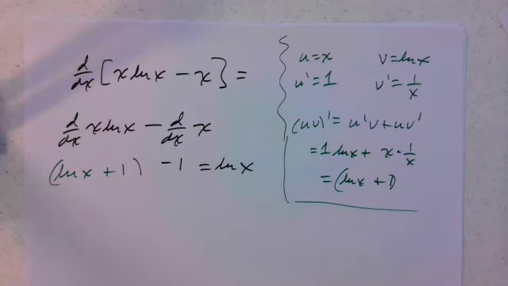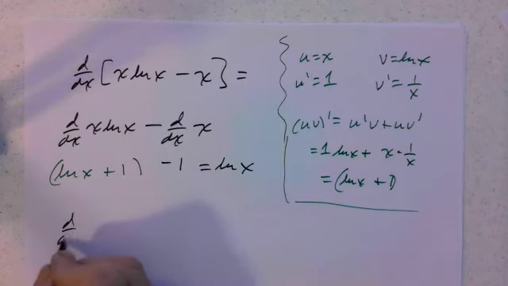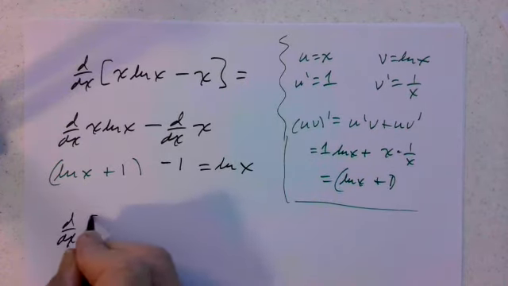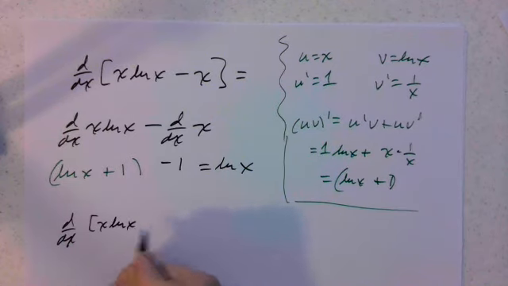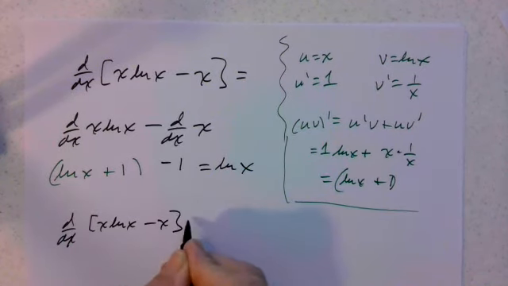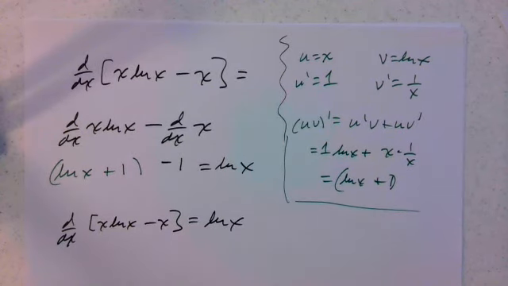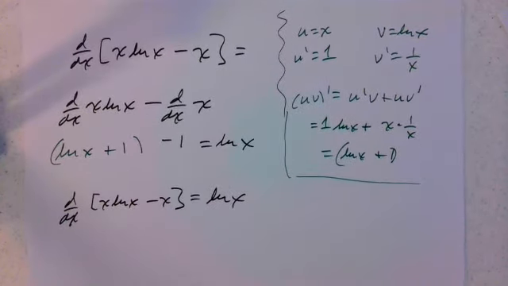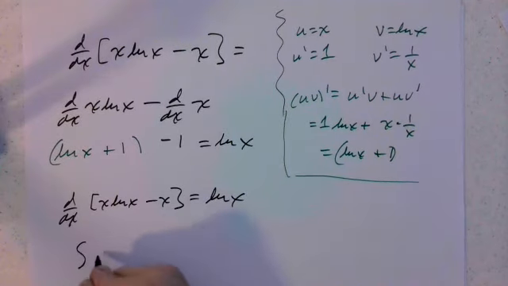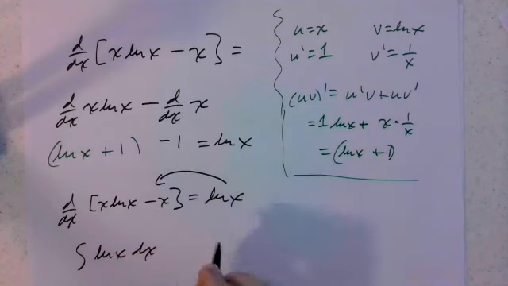So let's look at this, and what does this tell us? It tells us that the derivative with respect to x of x log x minus x equals natural log x, and this tells us a rule then. We can go backwards to say what? We can say then that the integral of natural log x dx just is going to go backwards. What's the antiderivative of natural log x dx?